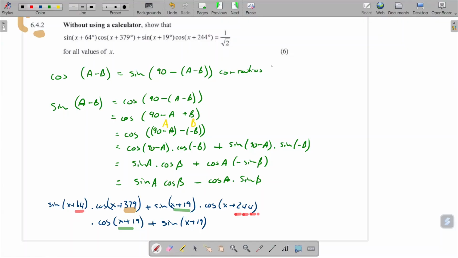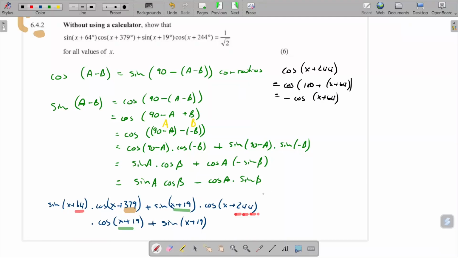So therefore I can reduce this by taking away 180, and let's have a look at what's going to happen here. I'm going to run it as a sidebar just because I quickly want to have a look at this. Let me erase it, get some space here and write it a bit neater. Cos of x plus 244 is the same as saying cos of 180 plus x plus 64, which is third quadrant, so it's negative cos of x plus 64.